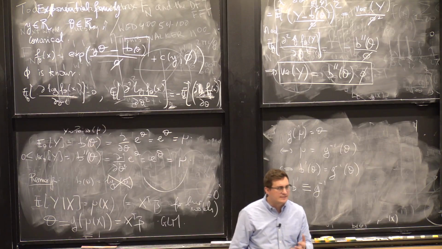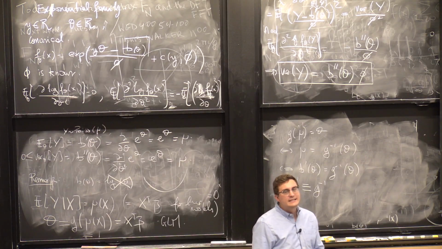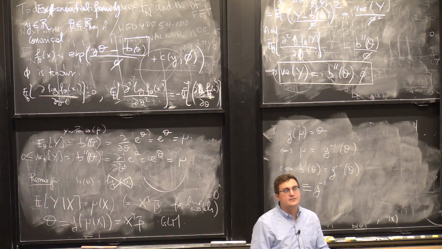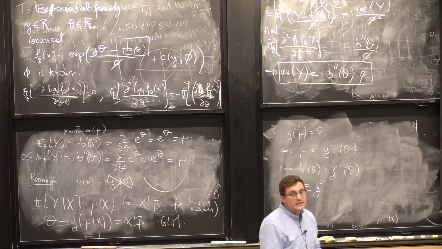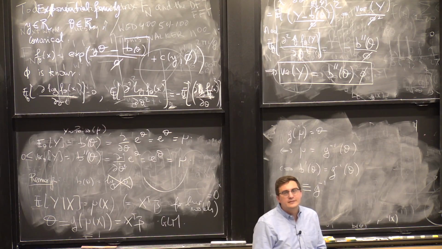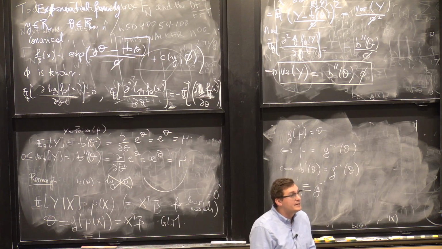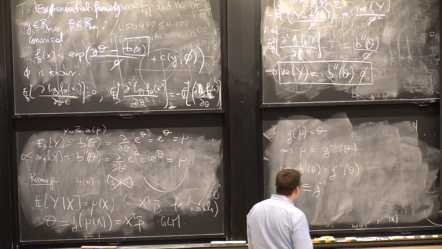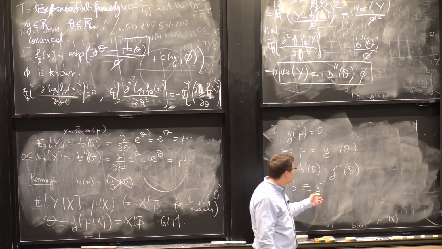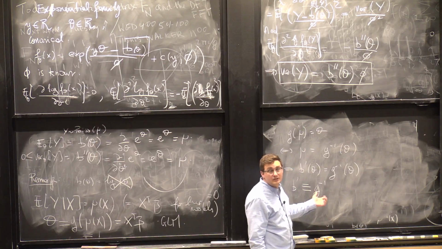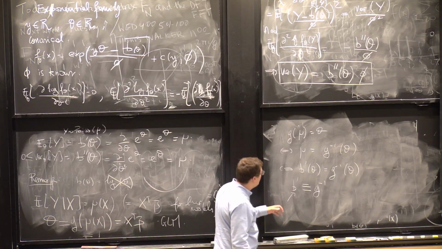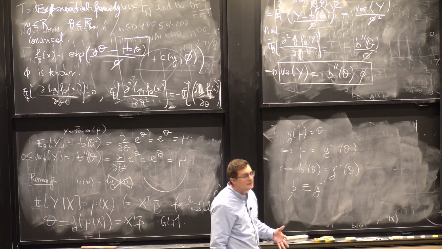And I claim that this gives me a function that has the properties that I want. Before, I said just pick any function that has these properties, and now I'm giving you a very hard rule, so you still need to check that it satisfies those conditions, in particular that it's strictly increasing and invertible. For that, what I need is that the inverse is strictly increasing and invertible, which is the case here because b prime is the derivative of a strictly convex function.